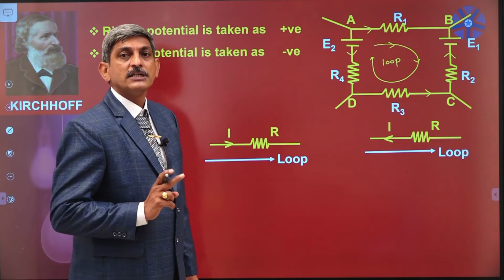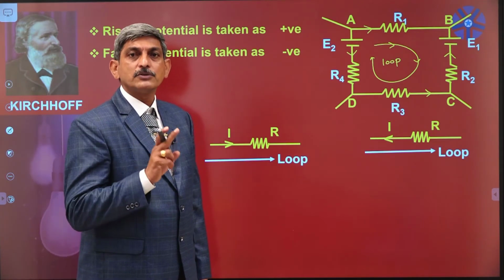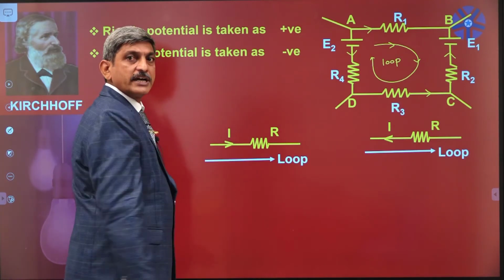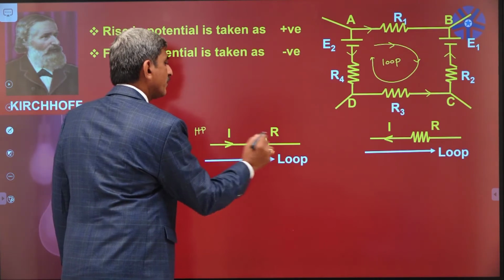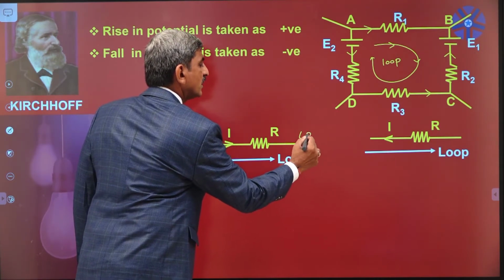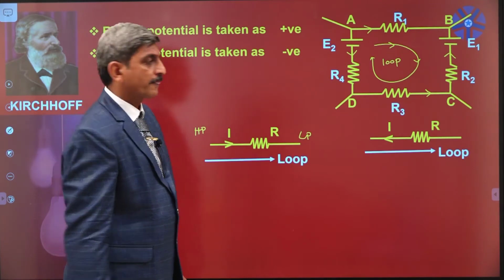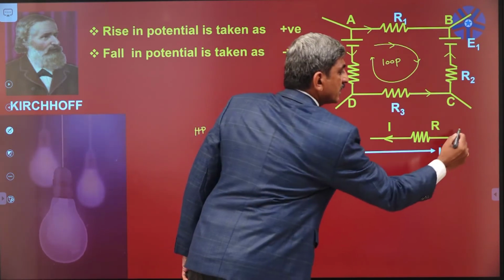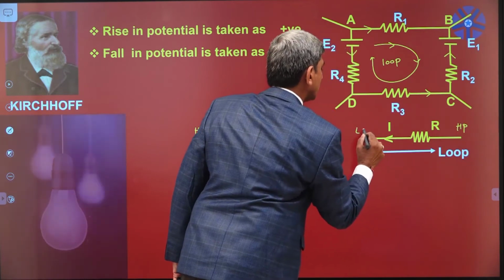Already we know that the conventional current flows from the higher potential point to the lower potential point. If this is the direction of the current, then this is the higher potential point and this is the lower potential point. Whereas here, this is the direction of the current, so this is at higher potential, this is at lower potential.